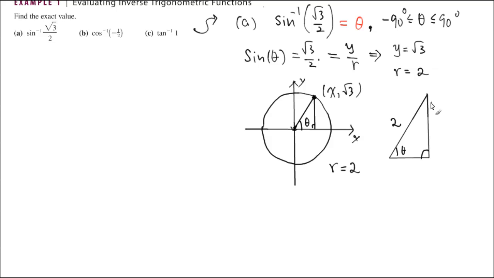How about the height of this triangle here? Root 3, that y coordinate is the height of this triangle. And what is the remaining side here that we don't know? 1, because you remember this guy, right? 1, root 3, 2, right triangle. So what is theta? 60 degrees. It's a miracle. That just popped in at 60 degrees. So there is this root 3 over 2, and then the reverse process gives us 60 degrees.